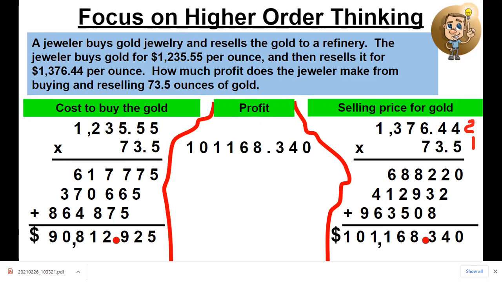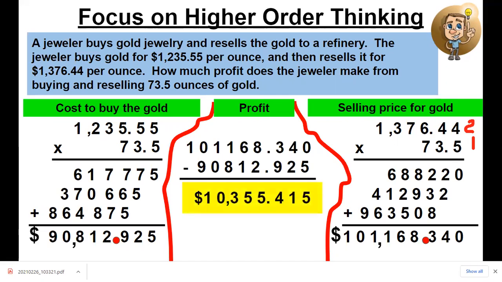So we have $10,168.34 minus $90,812.09, basically 93 cents. Subtract. And when we subtract, we get $10,355.415, so about 0.42. That is his profit by buying 73.5 ounces of gold.